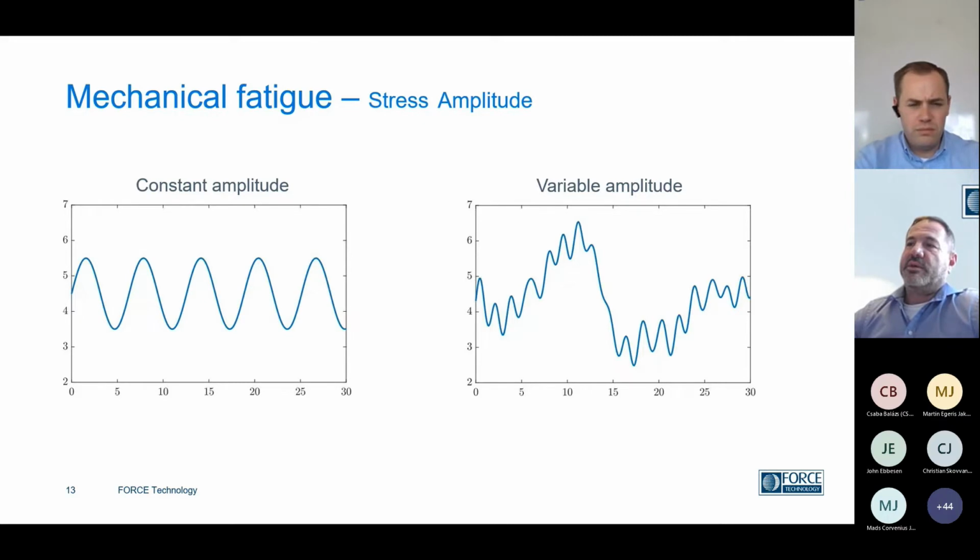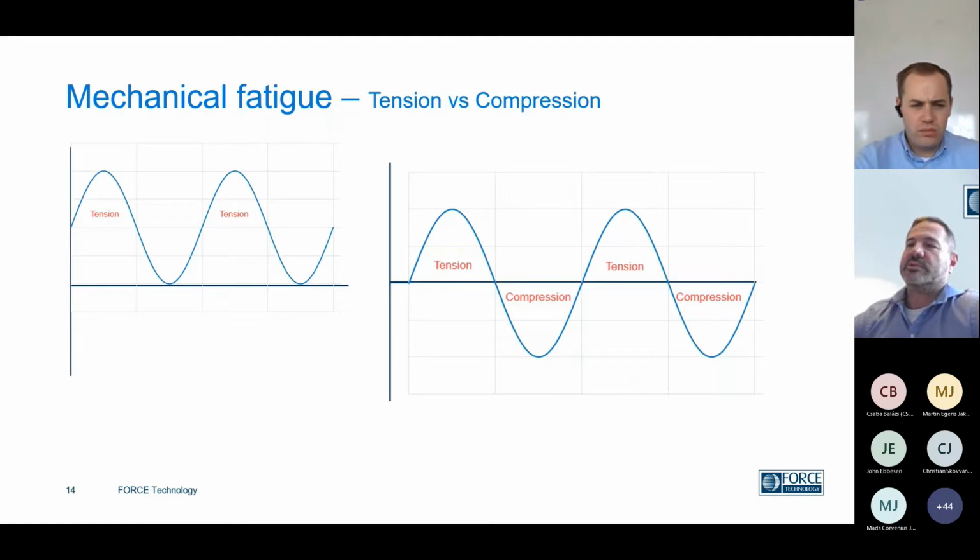The other thing that's important is the stress amplitude. It could be a constant amplitude, as we see on our left, or it could be a variable amplitude, as we see on our right. So let's look at the loading conditions again. If we look at the graph on the left-hand side, you can see it's above that dark line. What that dark line means is that the stresses are positive. They're in tension.